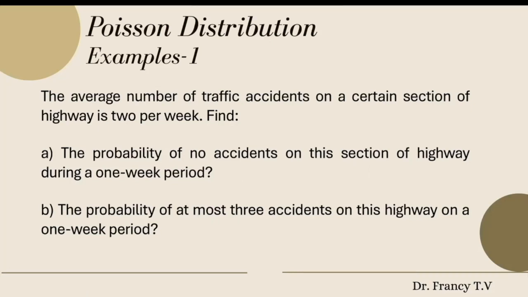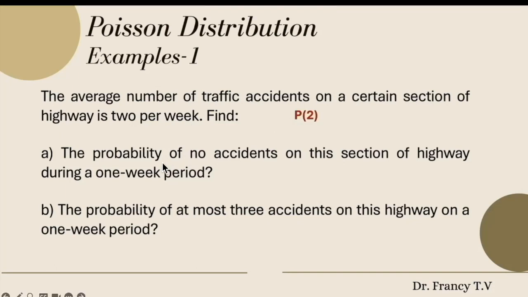So both these questions are on the number of accidents per week. Number of accidents per week can be considered as number of occurrence of an event, hence can be modeled using Poisson distribution. It is given that average number is 2 per week, hence we can use Poisson distribution.